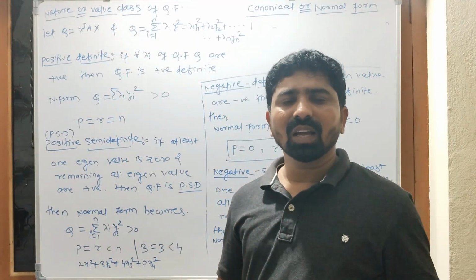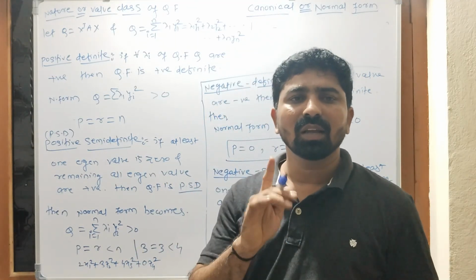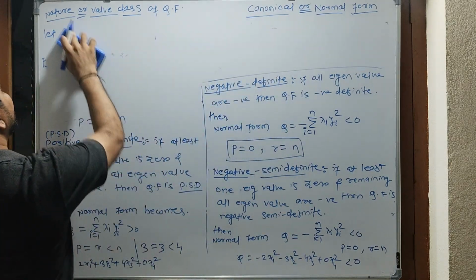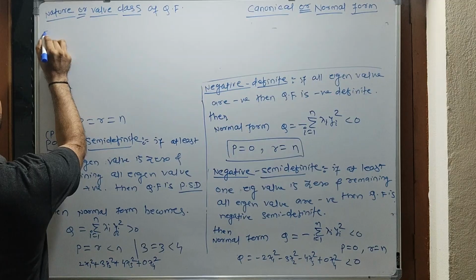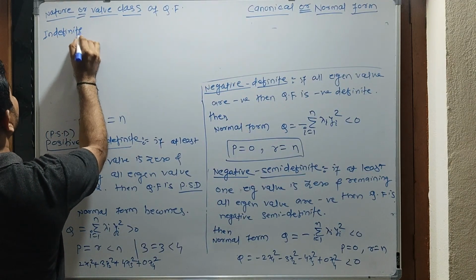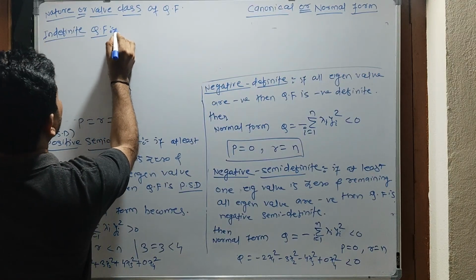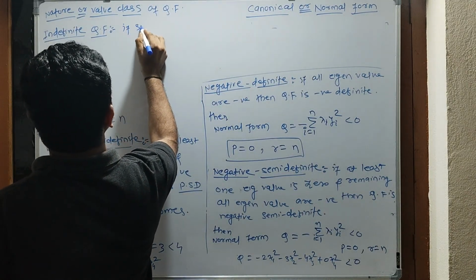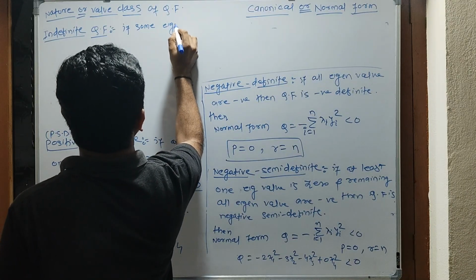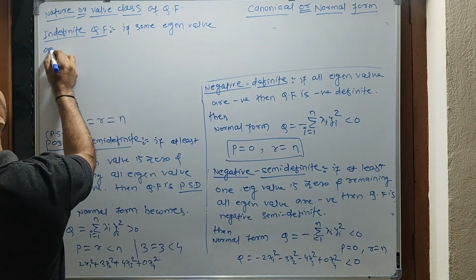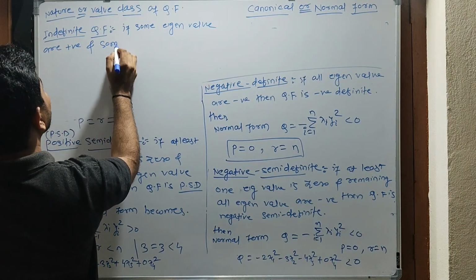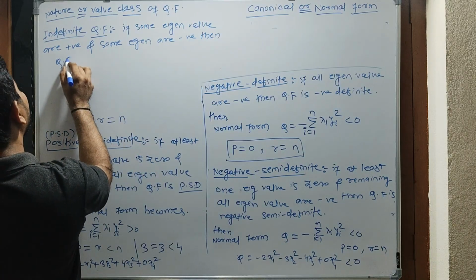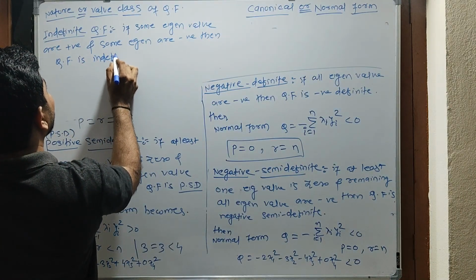If the quadratic form has some positive eigenvalues and some negative eigenvalues, then that quadratic form is an indefinite quadratic form. So if some eigenvalues are positive and some eigenvalues are negative, then the quadratic form is indefinite.